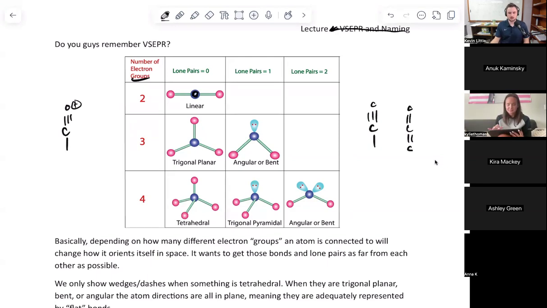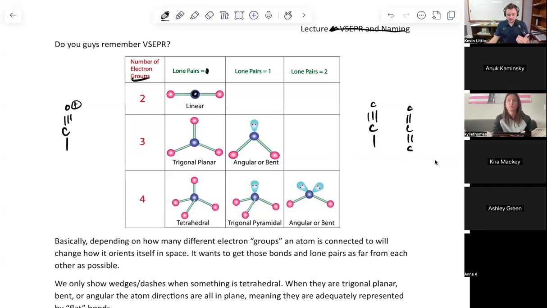You'll see this occasionally, not very much in organic chemistry for undergrads, but this is a thing, right? So anytime an atom is just connected to two things, there's two electron groups, zero lone pairs. We call that linear. It wants to get these things as far away from each other as possible. So in three-dimensional space, the furthest apart it can get is on a flat page, 180 degrees away from each other.